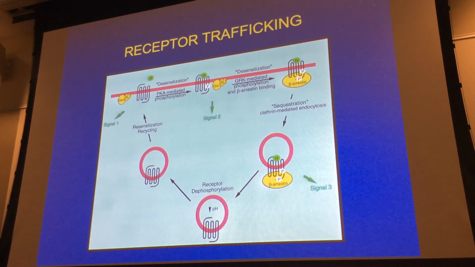So just imagine that during this period of time, between the time that the receptor becomes phosphorylated and bound to beta-arrestin and the time that the receptor either traffics back or degrades, between those two events, there is a signaling that occurs.